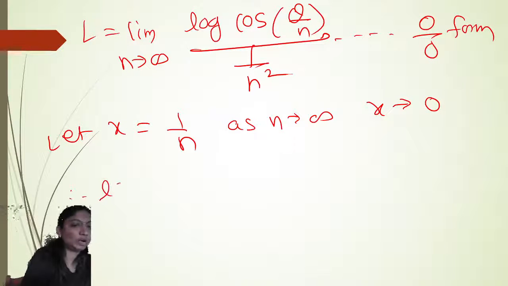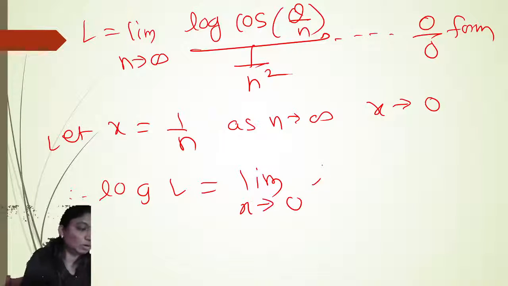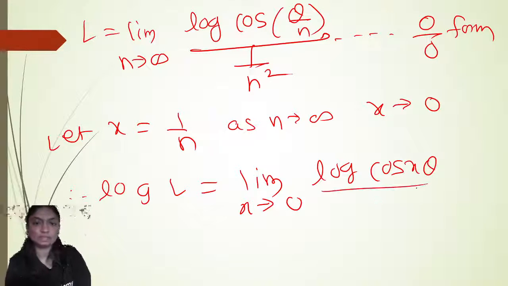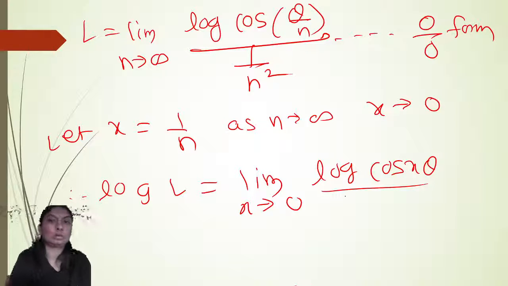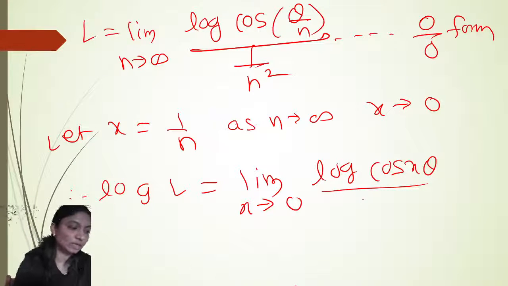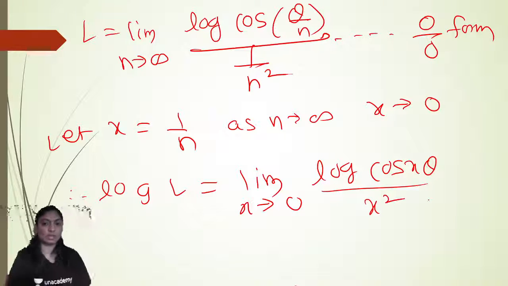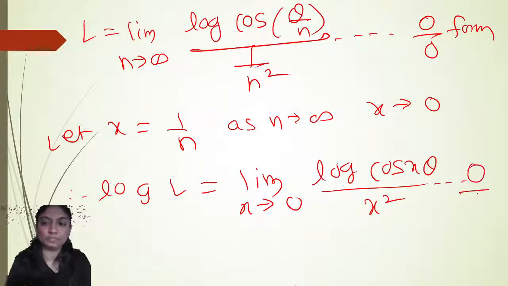So therefore log L is equal to limit as x tends to 0 log of cos theta x upon, 1 by n is x, so upon 1 upon n square, it means this will become x square. Now put limit as x tends to 0. So again it is 0 upon 0 form.